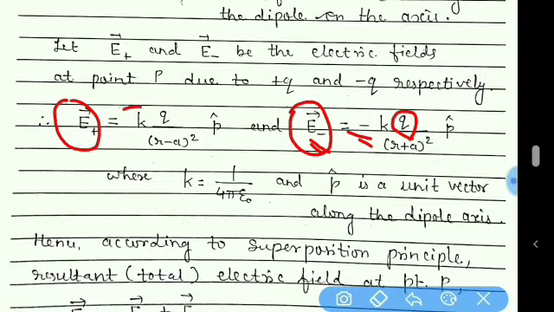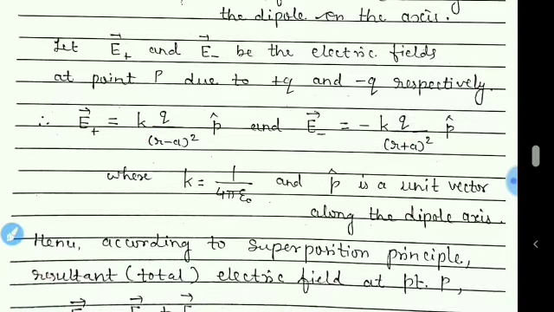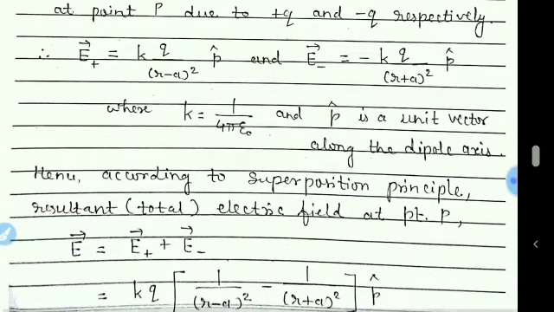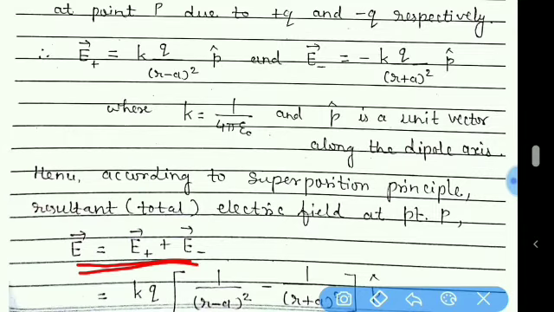We know that the value of K is 1 upon 4 pi epsilon naught. After obtaining the electric field due to both the charges, now we simply have to add these electric fields using the superposition principle.